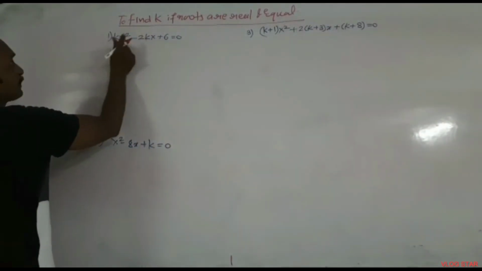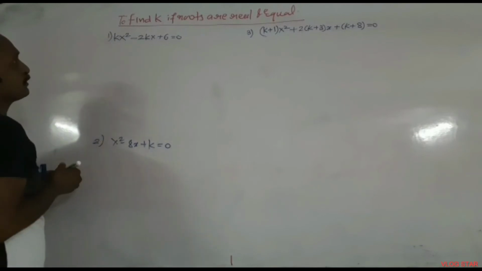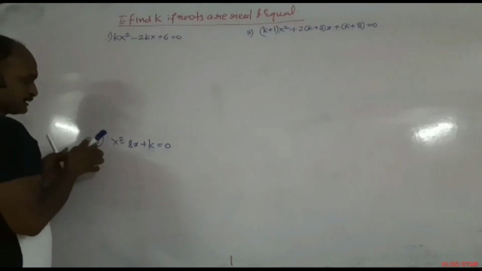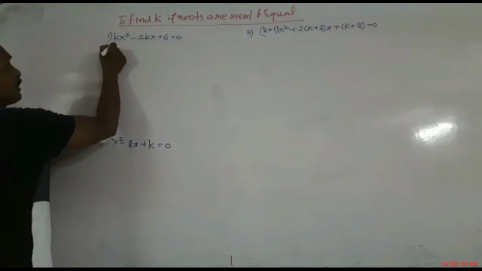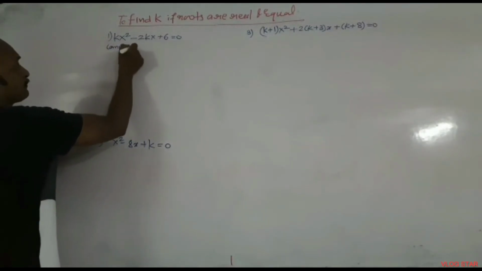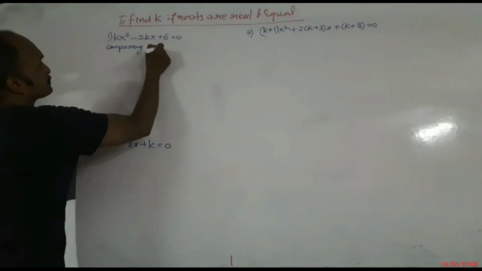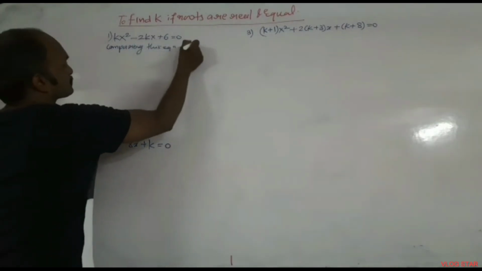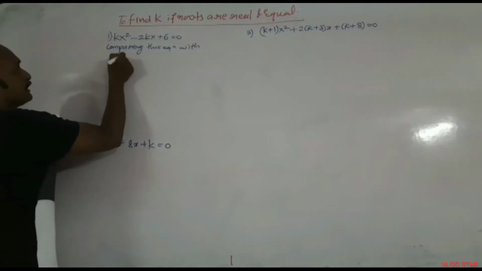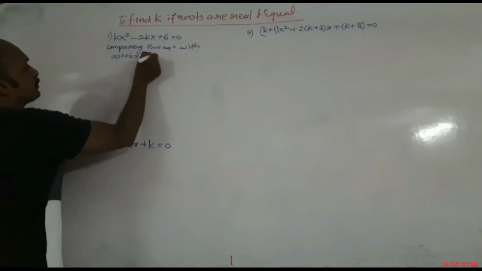So suppose the equation given is kx square minus 2kx plus 6 is equal to 0. So first of all is to compare. You have to compare this equation with standard form, that is ax square plus bx plus c is equal to 0.